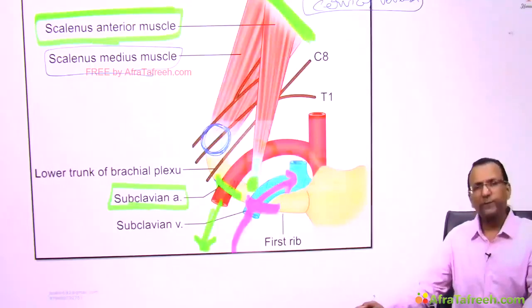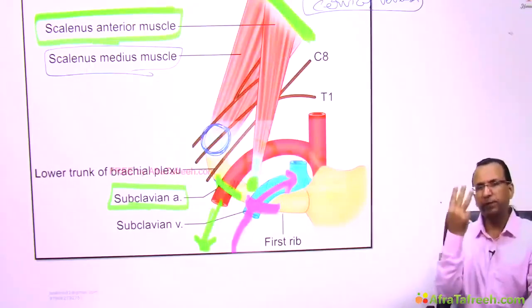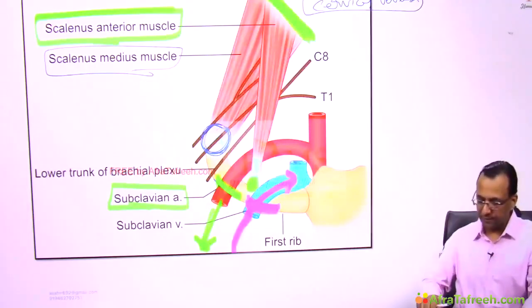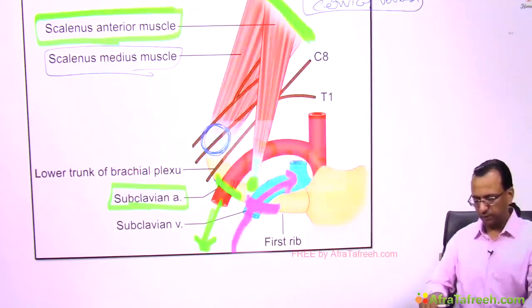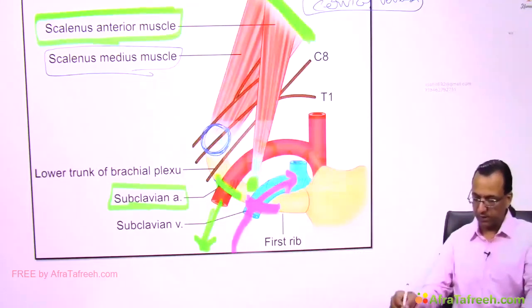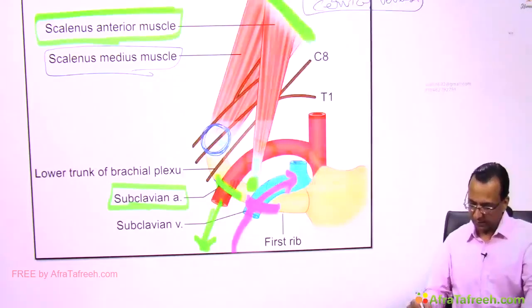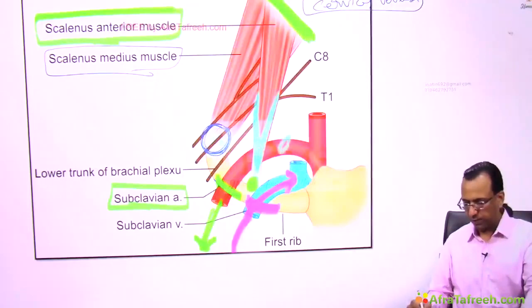One more thing, you can block the third part of the subclavian artery by compressing it on the first rib. You are telling this is the third part of the subclavian artery. How do you divide the subclavian artery into three parts? By this muscle, scalenus anterior. First part is proximal to the muscle, second part is deep to the muscle, and third part is distal to the muscle.